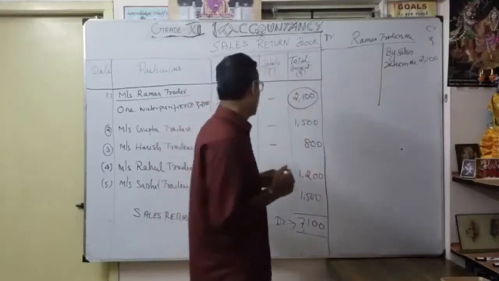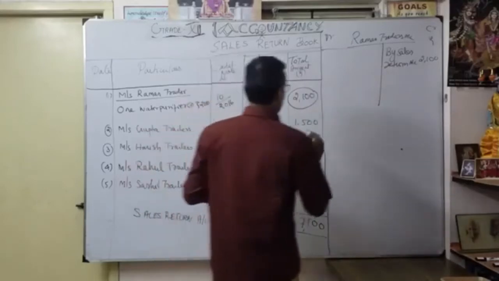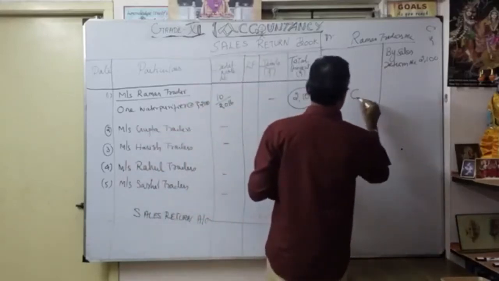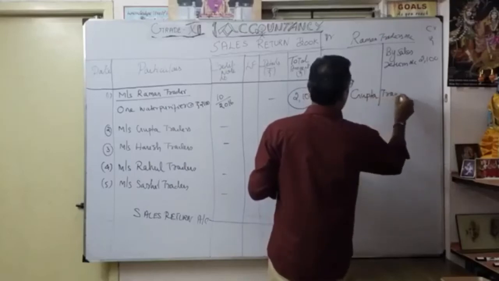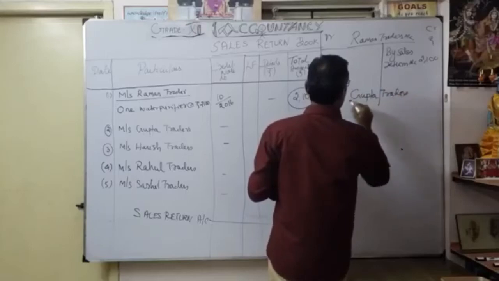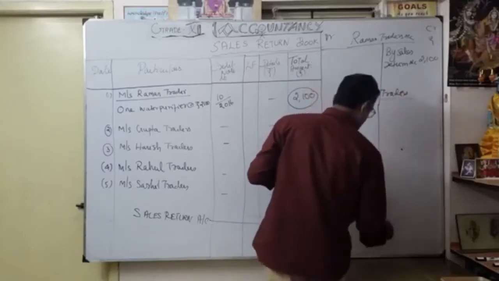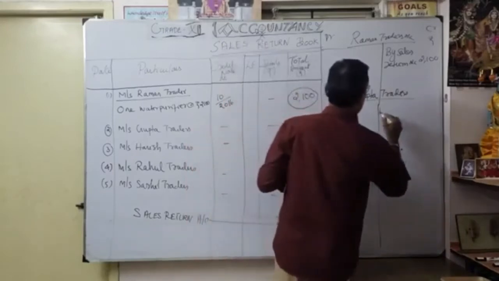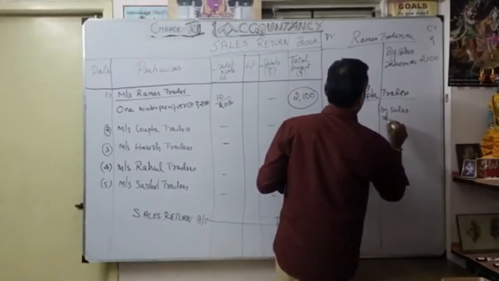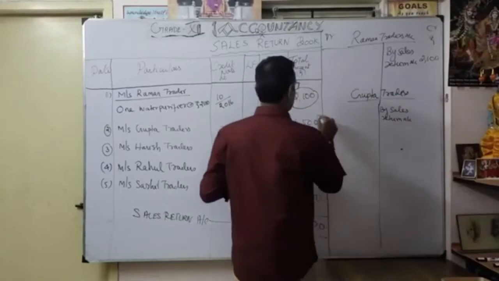Then we want to open the next one, Gupta Traders. In the same manner, we write, by sales return account, how much? This 1,500.